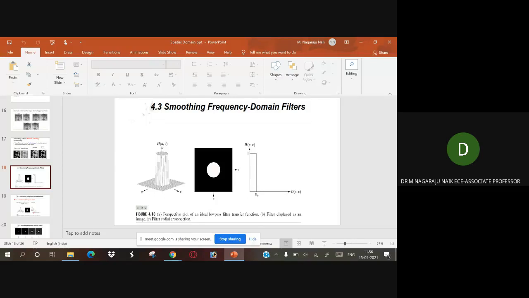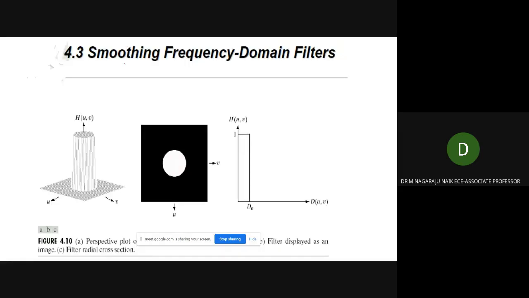The low pass filter is nothing but image smoothing, and the high pass filter is called image sharpening. So image smoothing is nothing but low pass filtering, and sharpening is a high pass filter. Now coming to the image smoothing filters, I have defined a transfer function H of u comma v equal to 1 if D of u comma v is less than or equal to D naught, otherwise it is 0 if D of u comma v is greater than D naught.